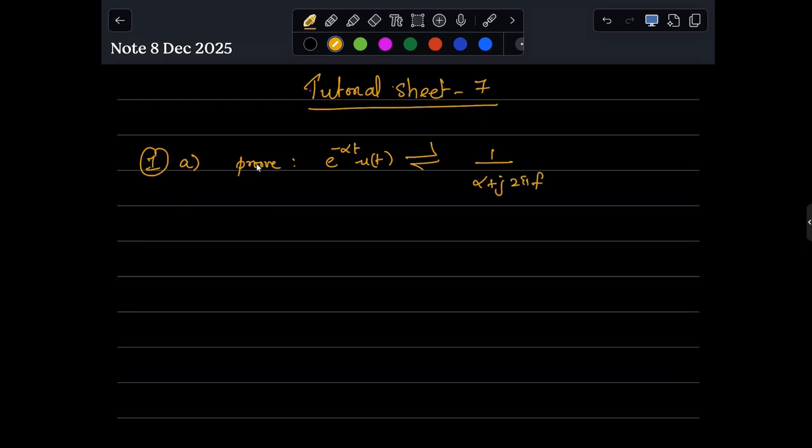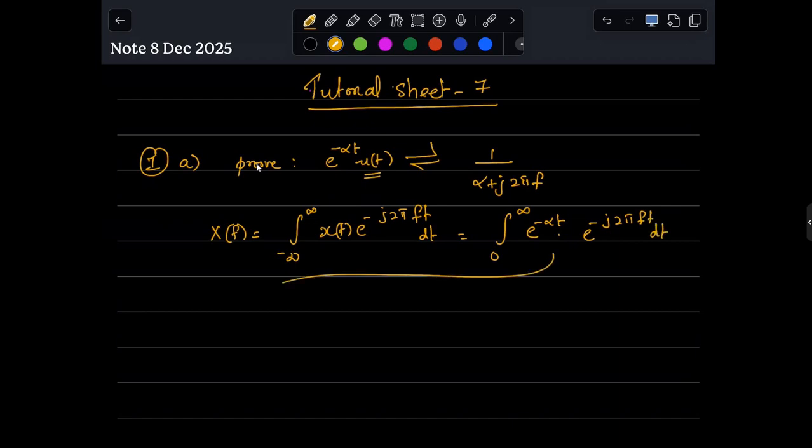We know that the Fourier transform of x of t is X of f, and the formula is the integral from minus infinity to infinity of x of t into e power minus j 2 pi f t dt. But now x of t is a function with u of t, so the integration will be from 0 to infinity of e power minus alpha t into e power minus j 2 pi f t dt.